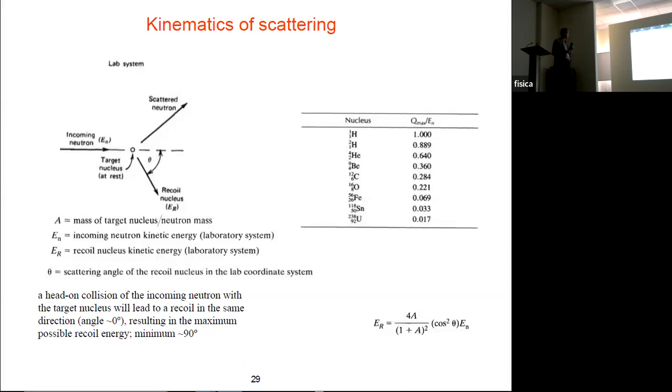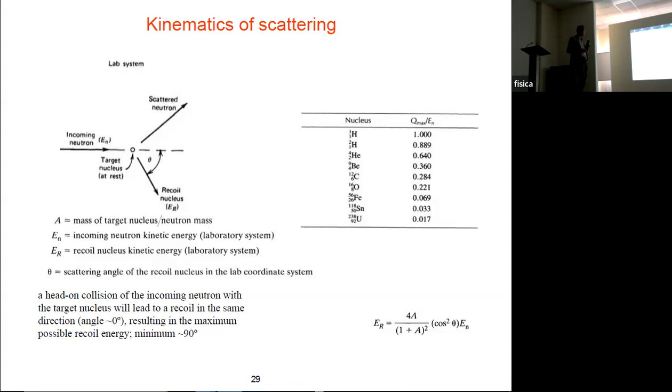We have, of course, a scattered neutron after the interaction, and the nucleus gets some energy, and it's called the nucleus recoil. And the most amount of energy is transferred to the nucleus.